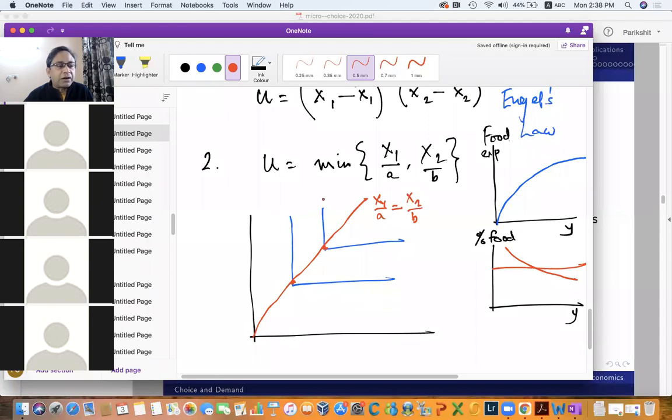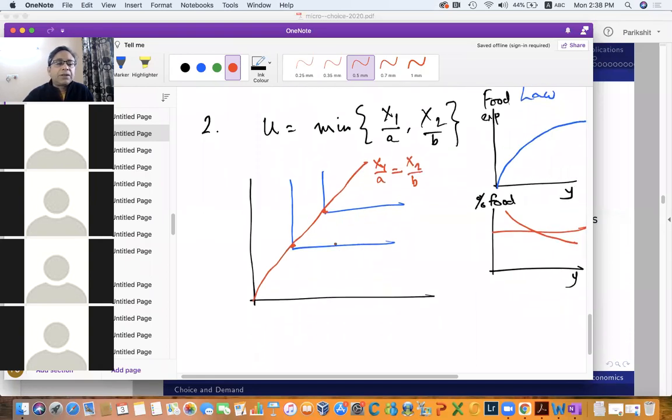You don't go to higher utility levels. So that's why you have this. Now, in this case, from the picture, it's pretty obvious that the optimum point is that point of the budget line where one of these corners or kinks appear, right?